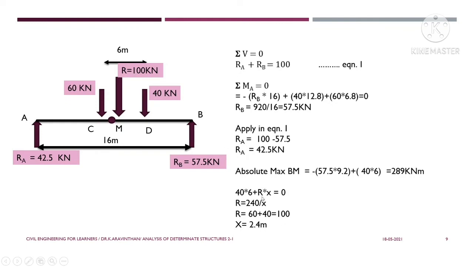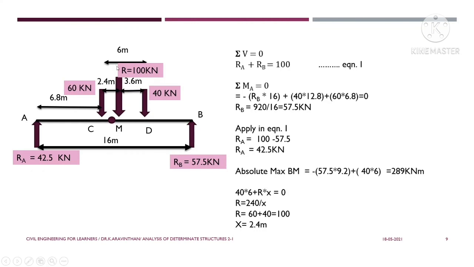Substituting 100 here, we can find X. 40 into 6 is 240, divided by 100, which will be 2.4. So the resultant is acting 2.4 meter from point C. The remaining distance will be 3.6, since 6 minus 2.4 is 3.6.